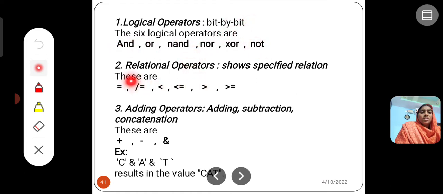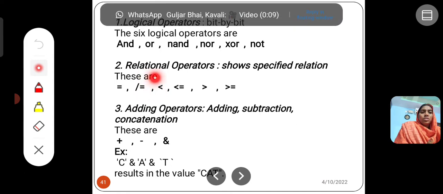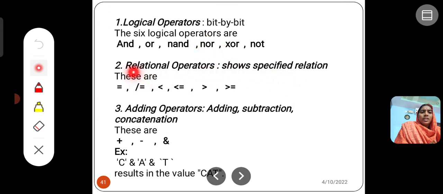So the next one is relational operators, which show a specified relation between inputs and outputs.